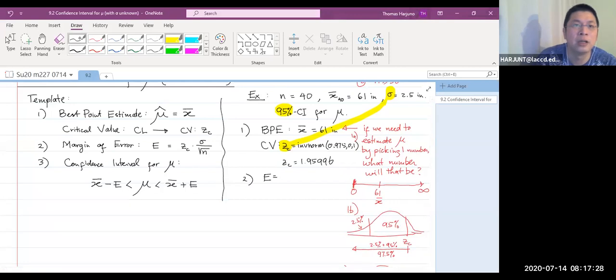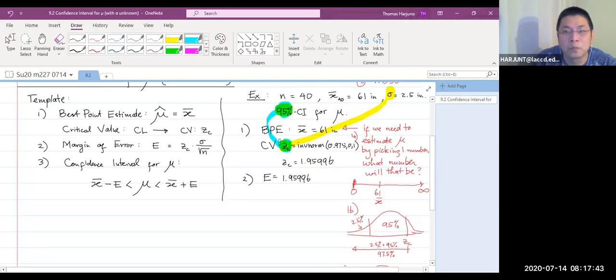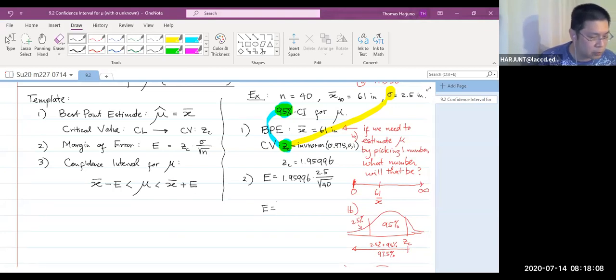That margin of error is given by the critical value 1.95996, which we get from the confidence level, times the population standard deviation 2.5 over the square root of n, in this case 40. Now we use our calculator: 1.95996 times 2.5 divided by square root of 40. That will be 0.77474.